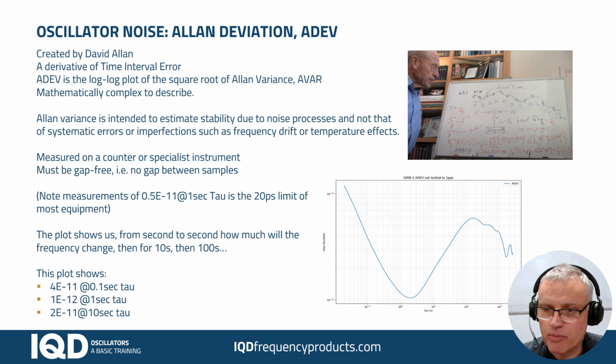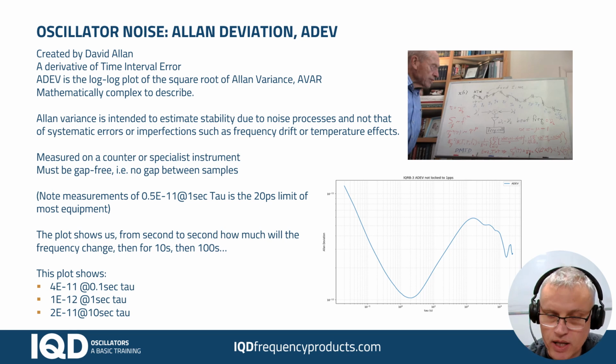So the plot on the bottom right there is an Allan deviation measurement taken from one of our oscillators, and this plot, as we said, is a log-log plot. So along the bottom there we're looking at time: 0.1 of a second, 1 second, 10 seconds, 100 seconds, 1,000 seconds.